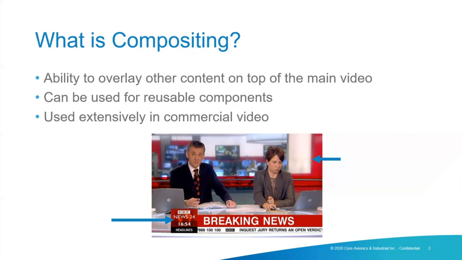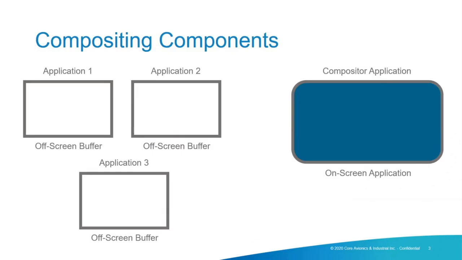This marquee displaying text at the bottom would be composited content on top of the main video. As we can see from this example, compositing is used extensively in commercial video solutions. In this presentation, I'm going to be talking about how we can use it in safety critical applications for reusable content.